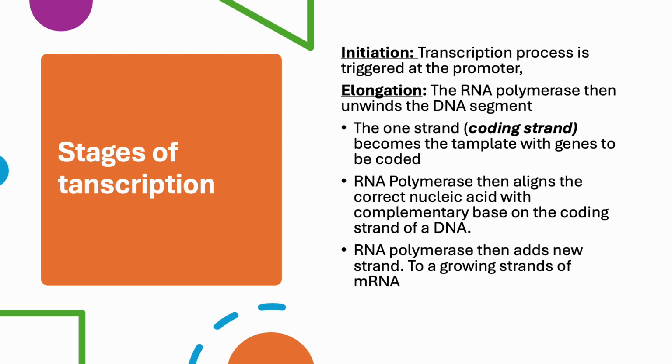RNA polymerase aligns the correct nucleic acid with complementary bases on the coding strand of the DNA, then adds the new nucleotides to the growing strand of mRNA. Elongation is the process of growing. The template is something to copy, as when you draw.